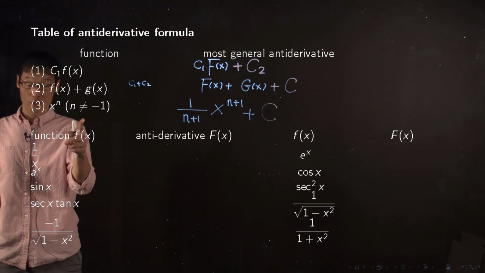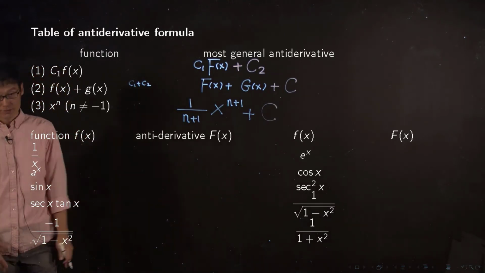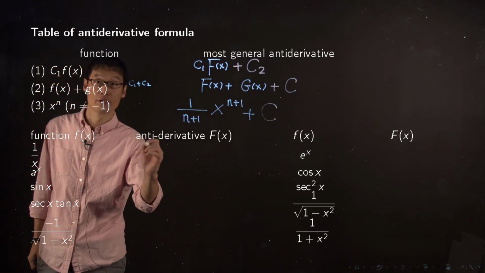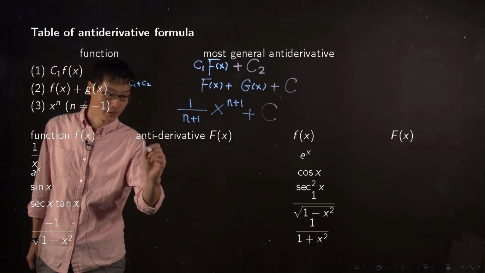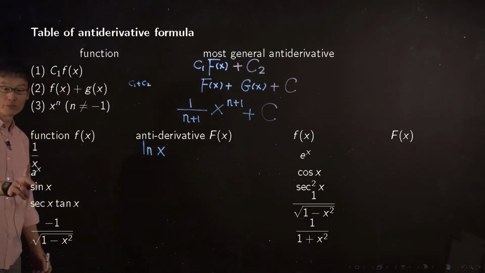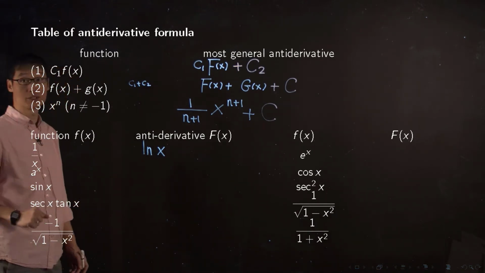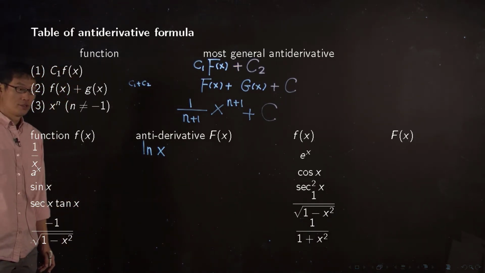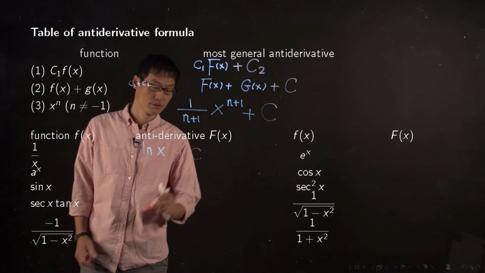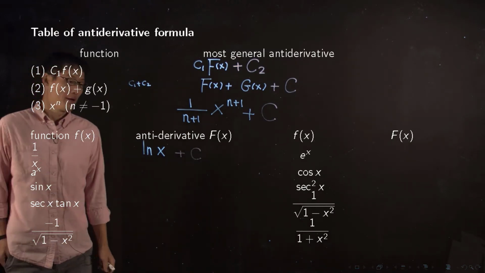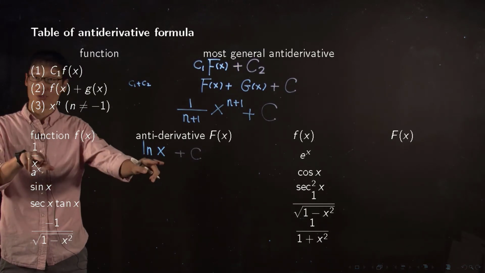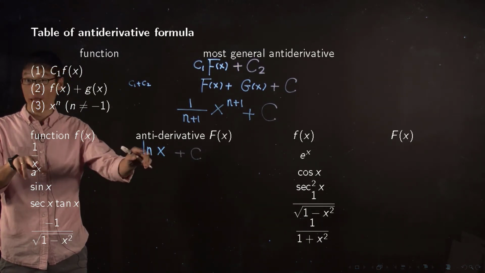If your n is negative 1, we have 1 over x. Well, this is derivative of ln x. So derivative of ln is 1 over x. That's why this is an antiderivative. For the most general antiderivative, you want to put capital C. Here, one thing to notice is that two functions do not share the same domain.